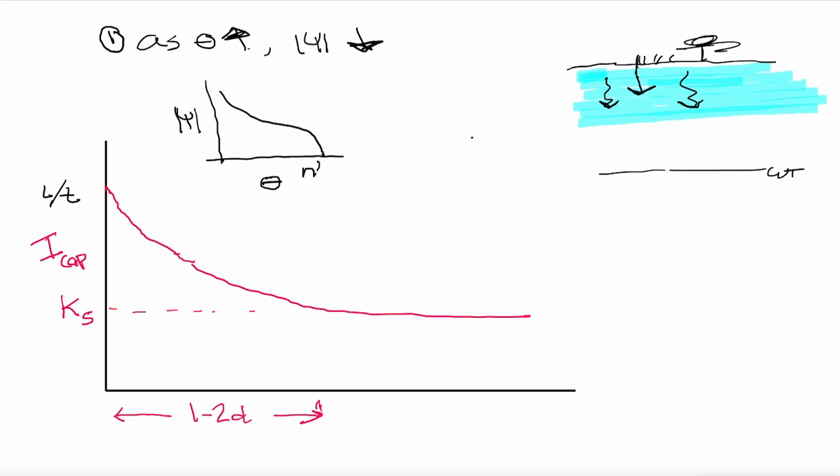But that suction force decreases as the soil becomes progressively saturated, and when it's completely saturated, the suction force is zero, and then the only force moving water further into the soil is gravity. So initially there's a high suction force which causes relatively high values of the infiltration capacity until the soil becomes saturated.